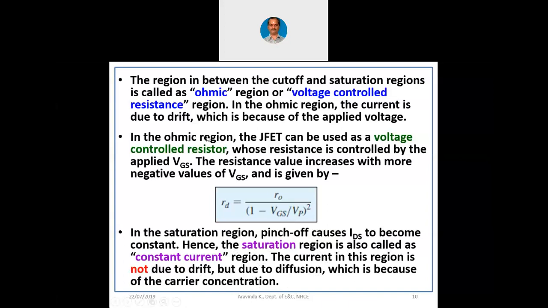So, remember, the ohmic region is called a voltage controlled resistance region, where the channel will have a finite resistance. But in the saturation region, the resistance is very high because the current is becoming almost constant and the horizontal line will have a very minimum slope. That is why it is called a constant current region.